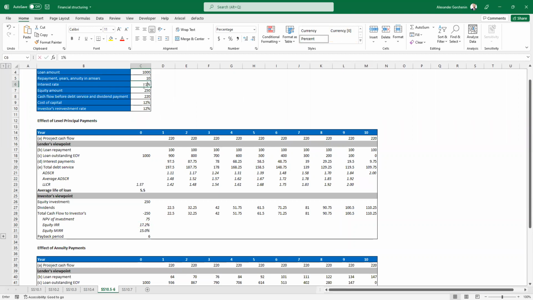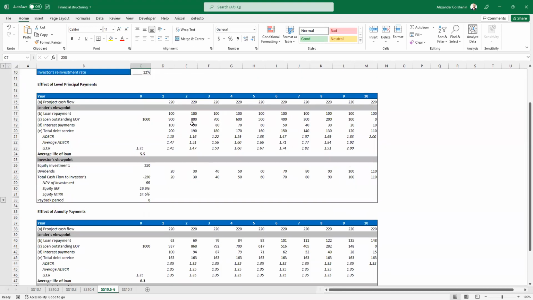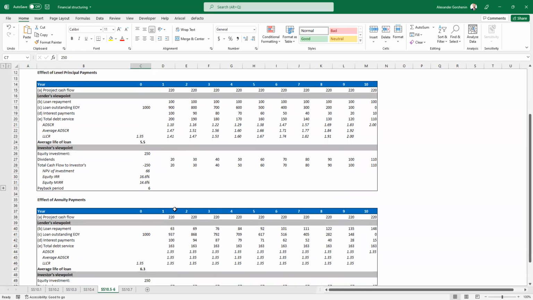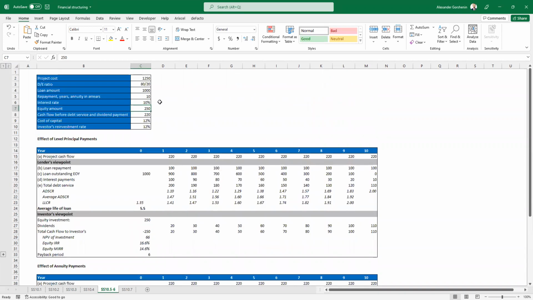But actually, switching from level repayments to annuity repayments improves the IRR most substantially, by 2.2%. So please, again, you can use these spreadsheets to play with the figures and see how it works. All we discuss here can be tested using the spreadsheets I will send you.